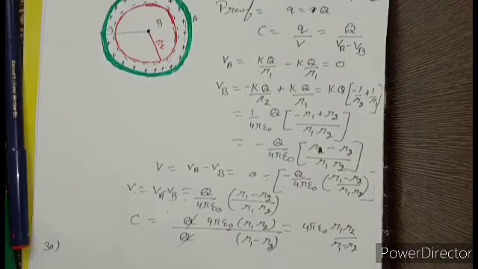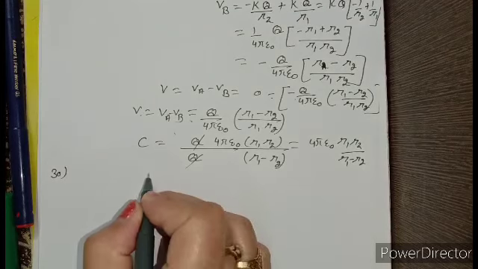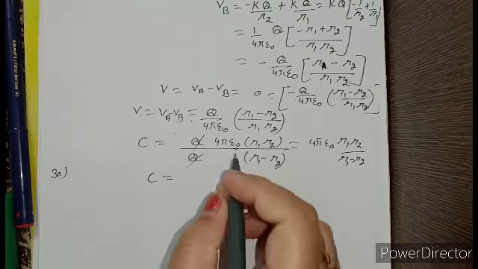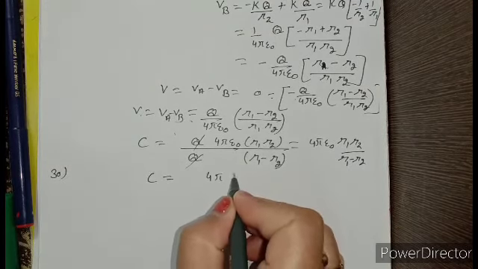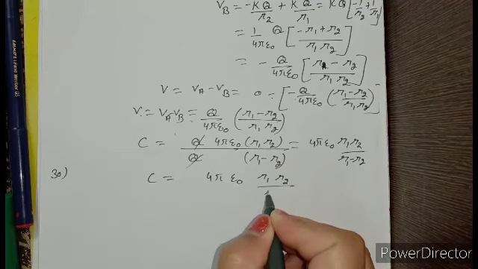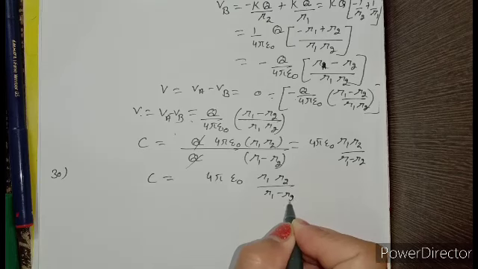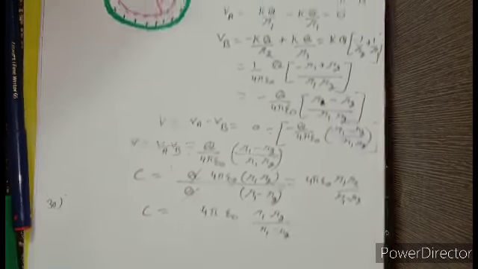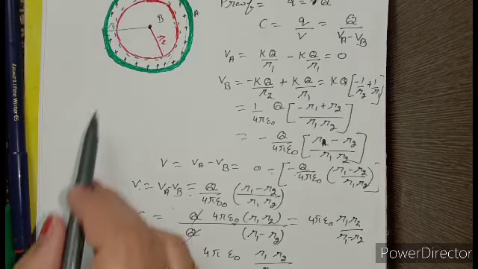And we know that C equal to 4 pi epsilon naught r1 r2 divided by r1 minus r2 when we have a capacitor like this.